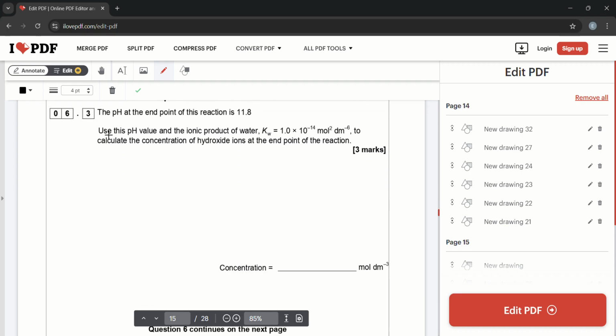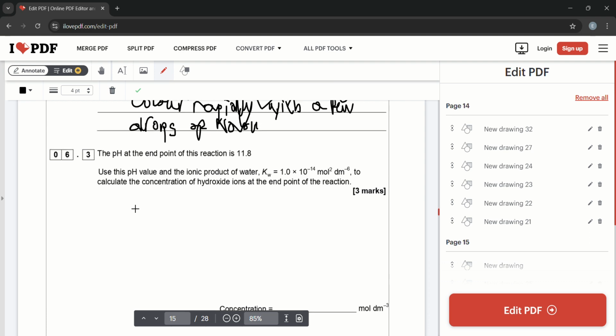6.3. The pH at the endpoint of this reaction is 11.8. Use this pH value in ionic product of water to calculate concentration of hydroxide ions at endpoint of reaction. Well, firstly, let's construct the equation of Kw.